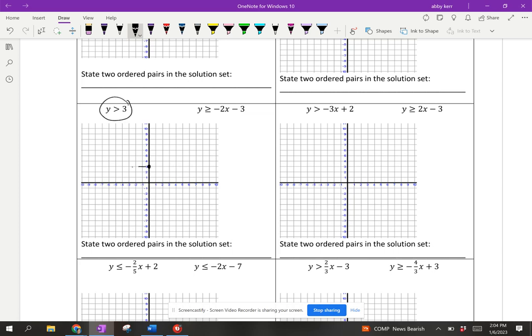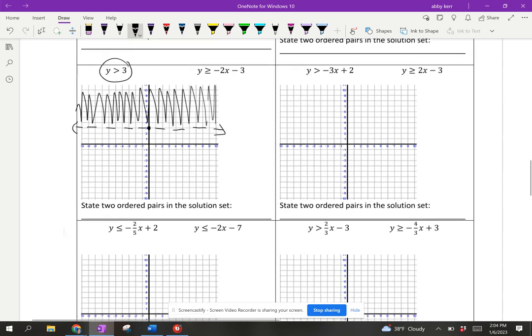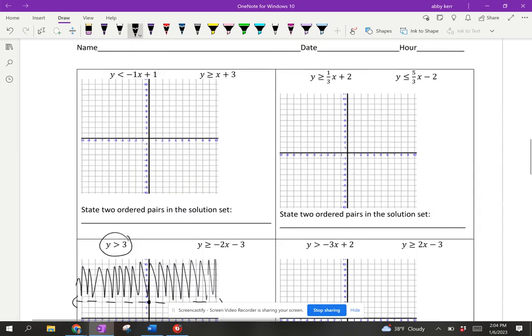However, here it's a dashed line. And then it says y is greater than 3. So that one's a little tricky. So that's kind of why I just did that one for you. So just be mindful of that. There are no other special cases on the back of this worksheet.